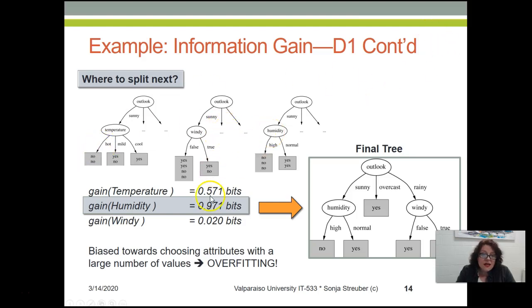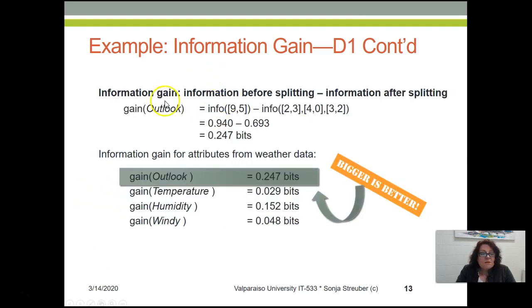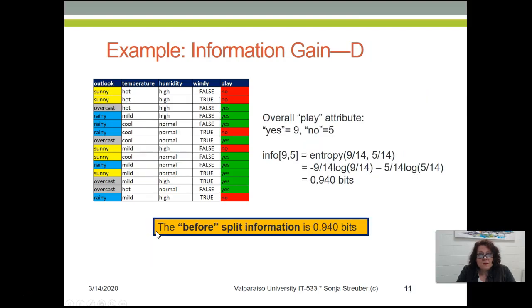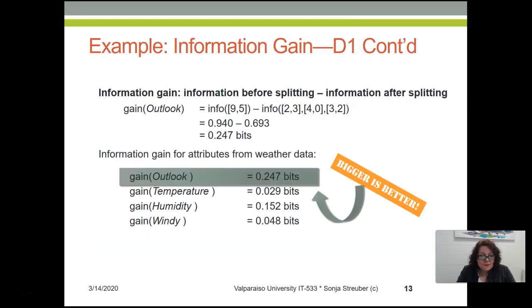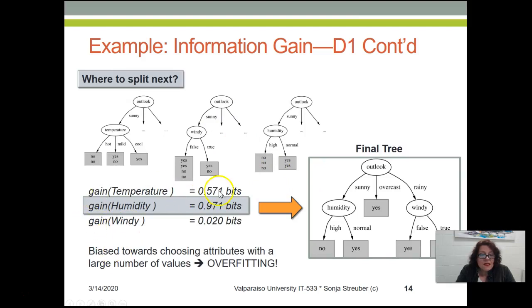So here is the scenario for outlook being sunny. The information gain that we calculate based on this formula, going back through our entropy calculations as well. The information gain for temperature that we are calculating is 0.571 bits.